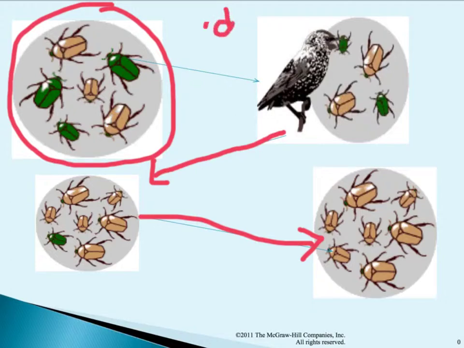They're safe. So eventually, the beige bugs, who are safe in the environment and will survive and preserve that species, will reproduce themselves. The green bugs aren't able to, and over time, the green bugs disappear. And in this example, natural selection has occurred.